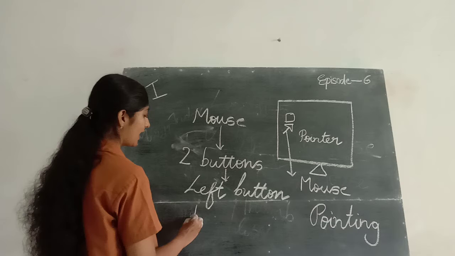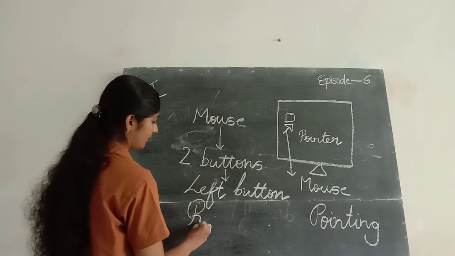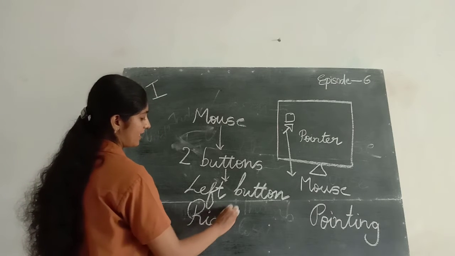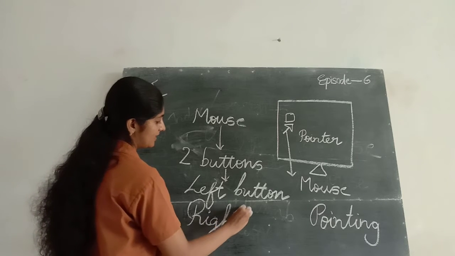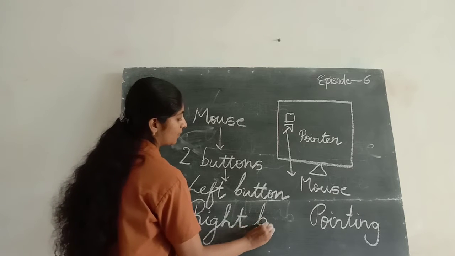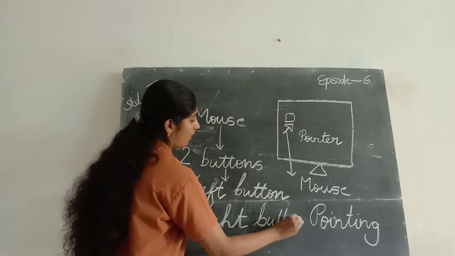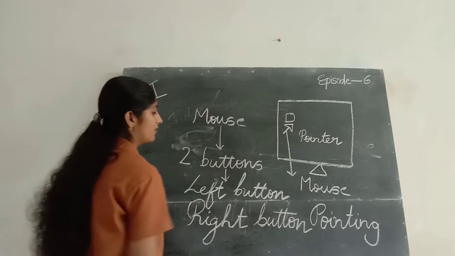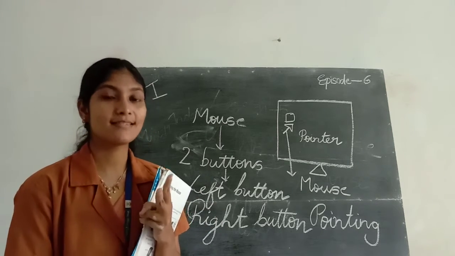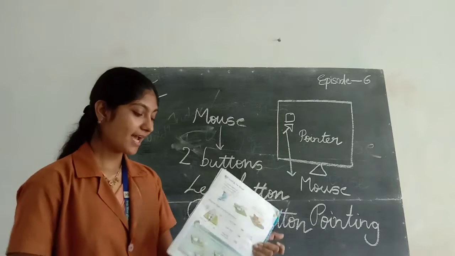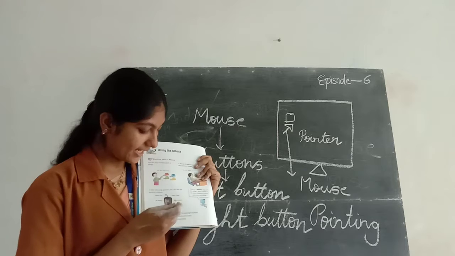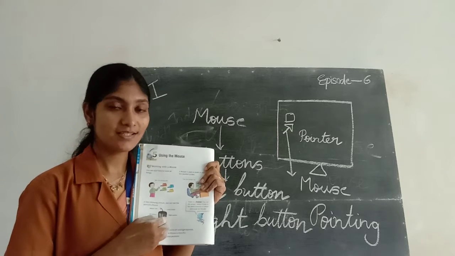Second name right button. R-I-G-H-T. Right button. So in a mouse there are two buttons, left button and right button. Here you can see left button and right button.